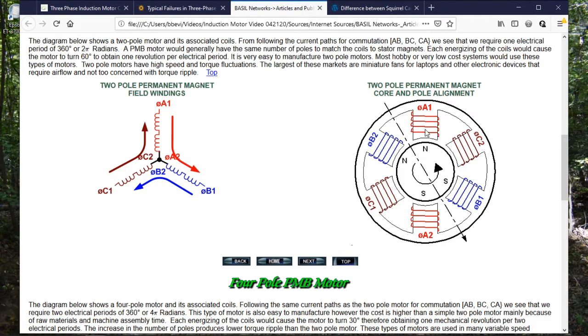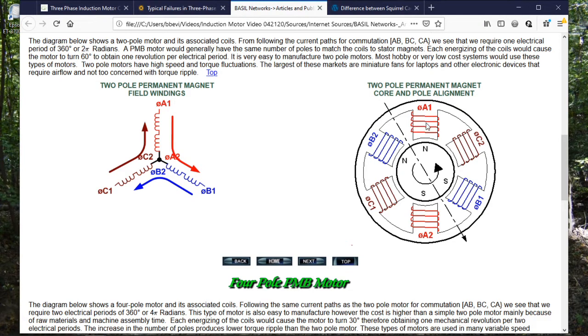I like this, even though these are salient poles as opposed to a smooth air gap type winding distribution, because it makes it easier to understand the concept of poles. There are always at least 2 poles, and they come in pairs.